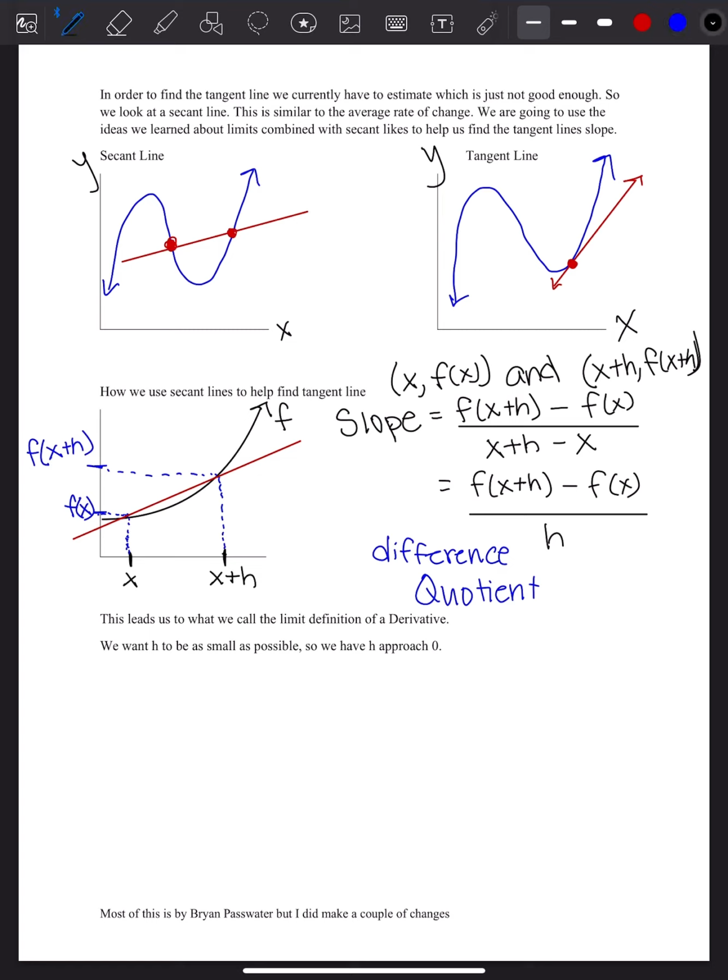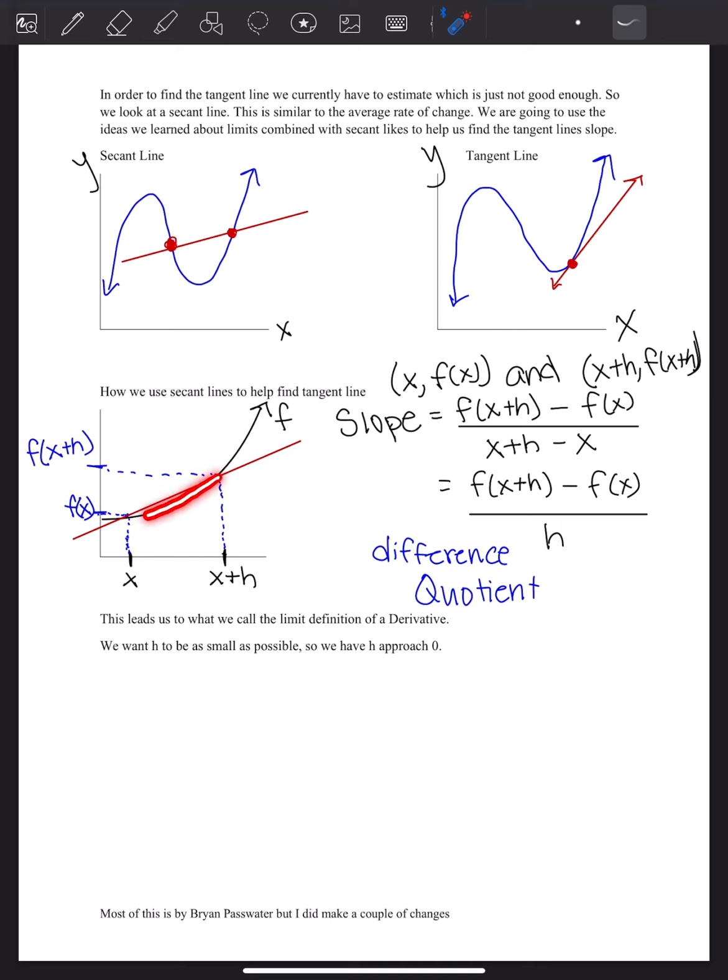What we need to know about derivatives right now is that derivatives tell us slope. So we want h to be as small as possible, so we have h approach 0. In order to do that, we are trying to close this gap.